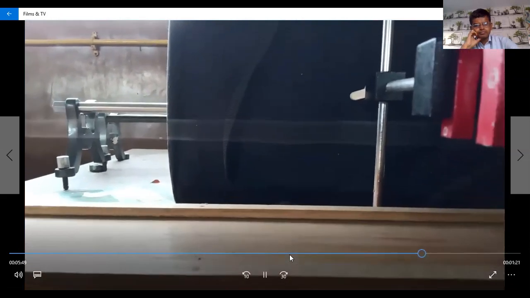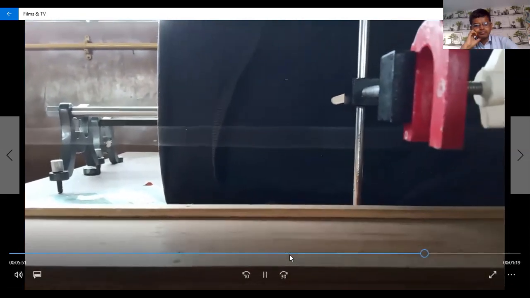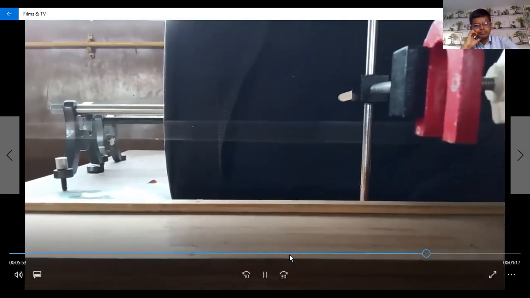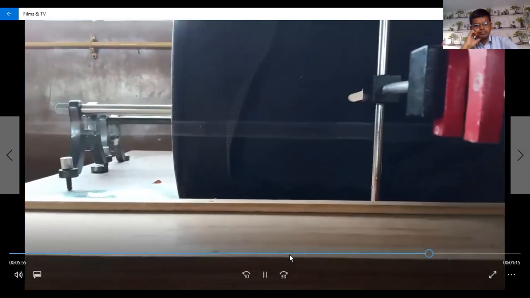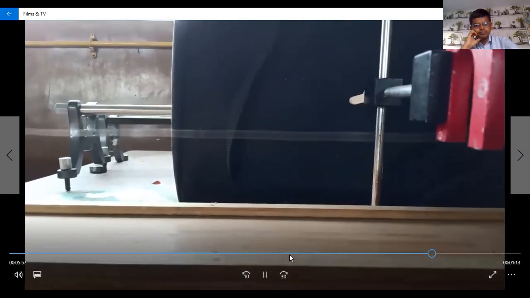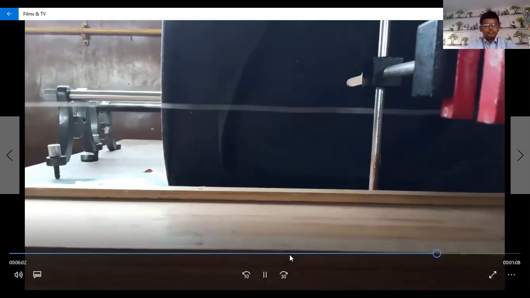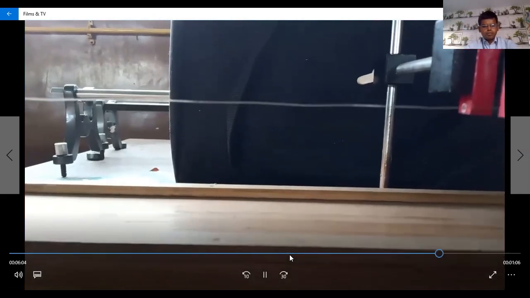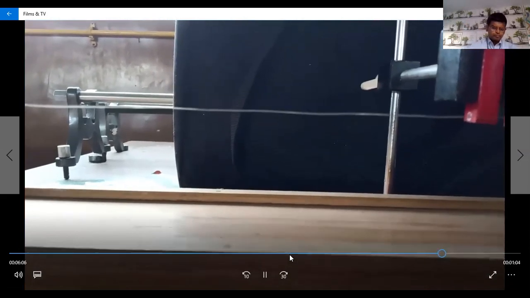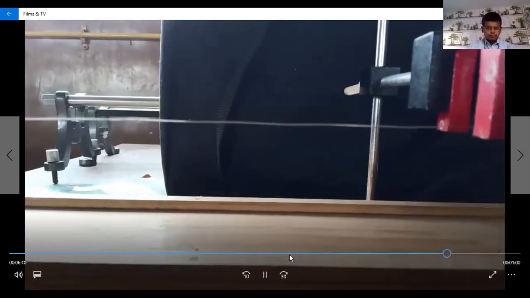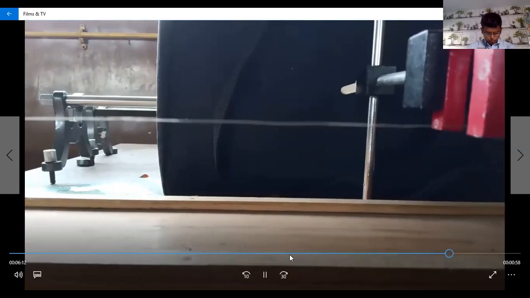Okay, you see very clearly, we are showing the vibration with the help of passing the AC current and the magnet. Okay, so after showing the maximum vibration, you again see here. In the exam time you do this type of work.